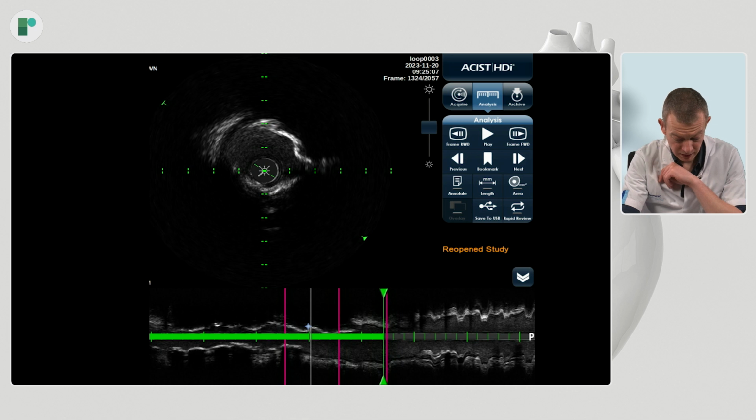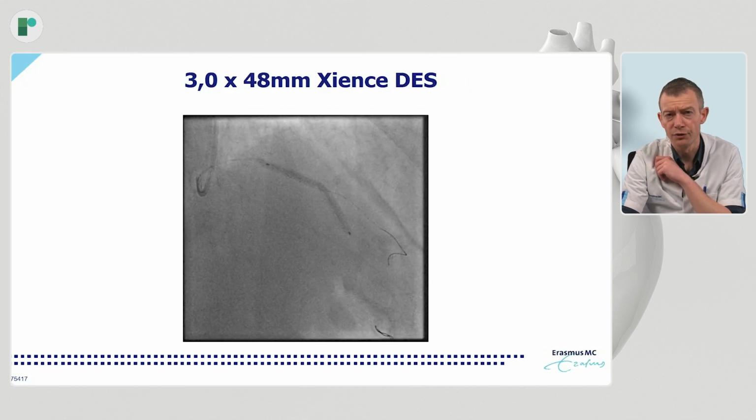With that, I'll take you back to the presentation. Just to show you that this was exactly what we did. So we took a 3.0 by 48 Onyx. Actually, sizing and positioning, we know that we wanted to land the stent exactly at the proximal part of the LAD.